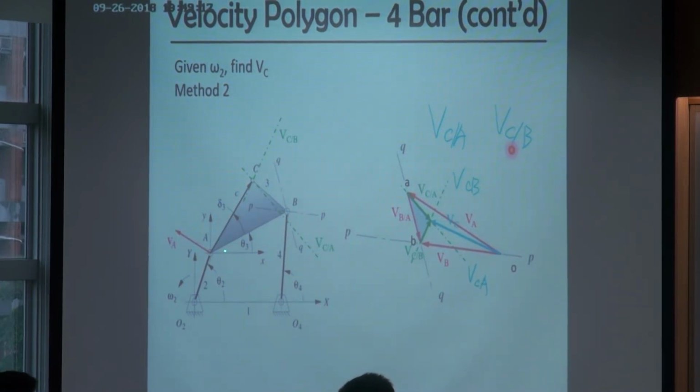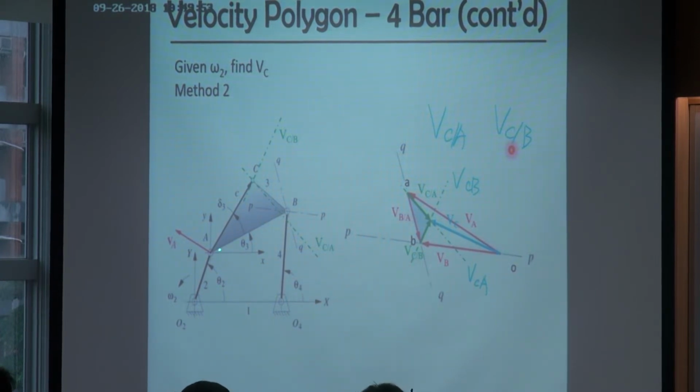The orientation of this one is this one rotated by 90 degrees. Remember how we get VBA or VCB or VCA. This VBA is perpendicular to this BA line. So the angle between VBA and line BA is 90 degrees.